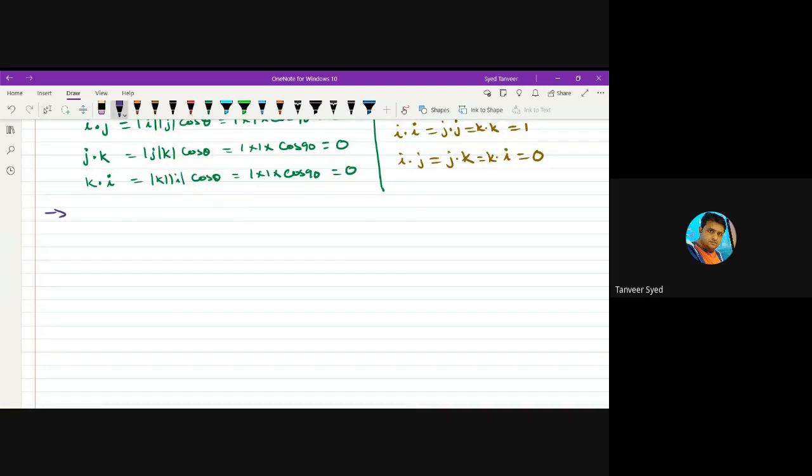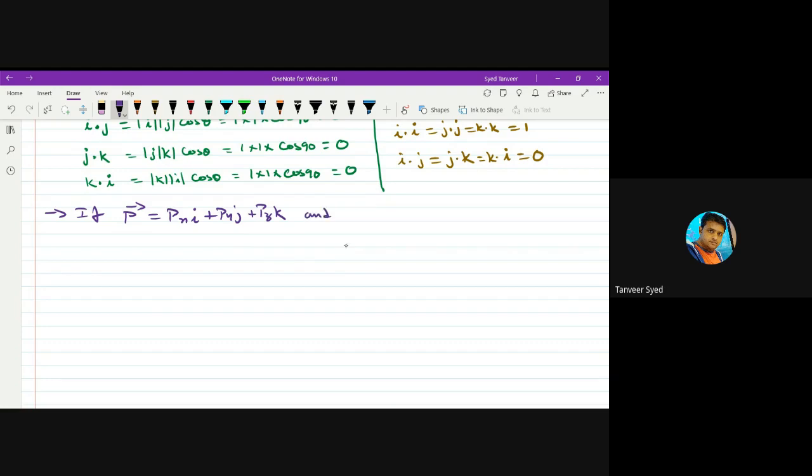Suppose if you are given two vectors p and q like this in component form. If vector p is given as px i plus py j plus pz k, this means px is magnitude of vector p along i direction, py magnitude along j direction, pz magnitude along k direction.